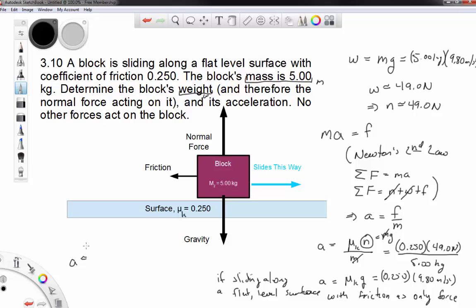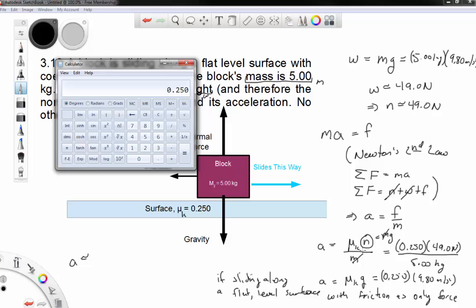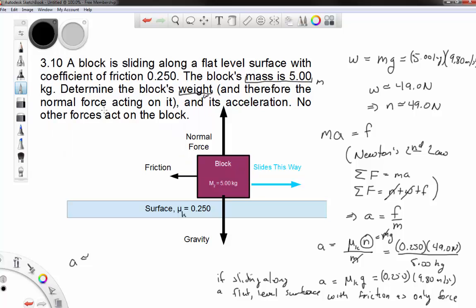In any case, if you put in those numbers, take the 0.250 that represents the coefficient of friction and multiply it by 9.8, and what we come out with is 2.45 meters per second squared.